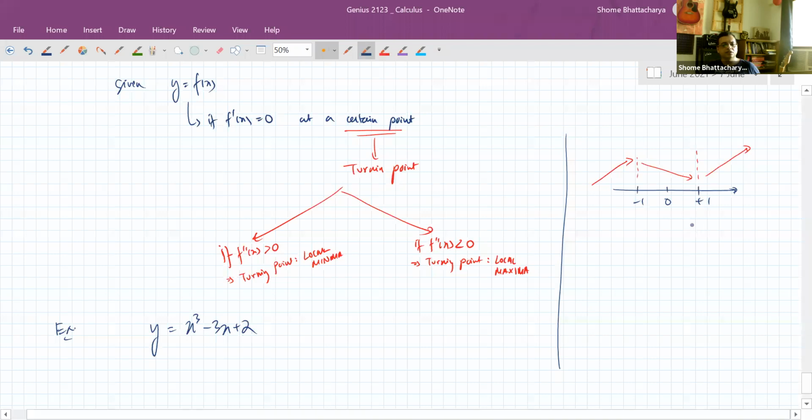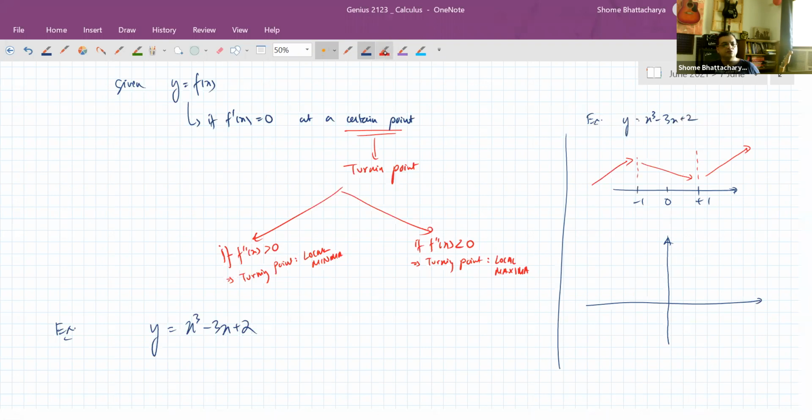If we went on to draw the graph of this function, you would have seen a graph something like this.